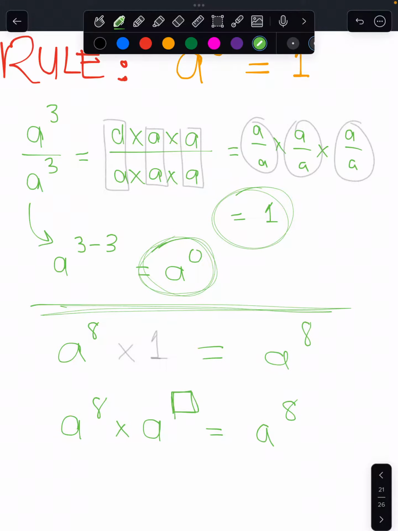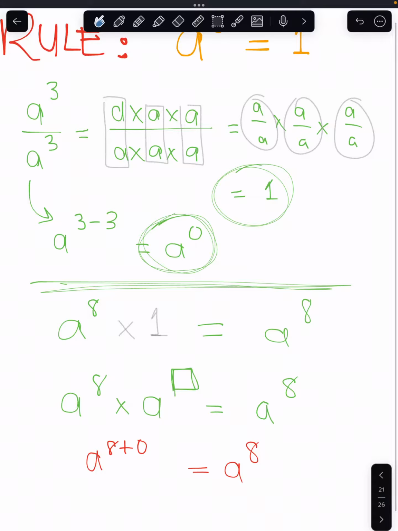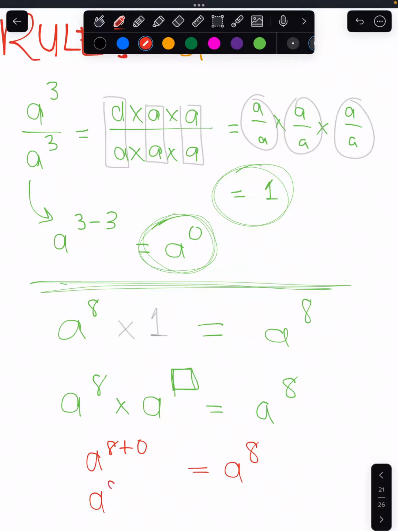And if we use the first rule that we learned, we know that if we add a 0 to that exponent, that'll still be 8. And using that rule, we know that this is the same as a to the 8 times a to the 0, right?